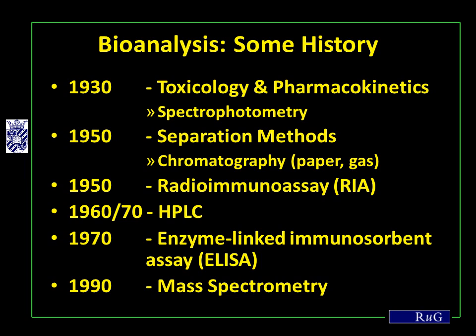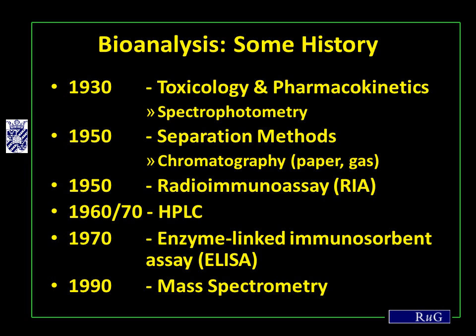Also around the 1950s, the first ligand-binding assays were developed. They were based on radioactivity, so-called radioimmunoassays. An antibody would capture a molecule, and a radioactive tracer of the same molecule was added in a competition radioimmunoassay. We will go into more details of immunoassays in a later part of the lectures.